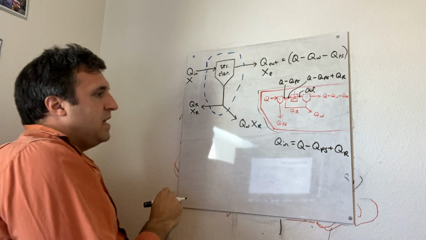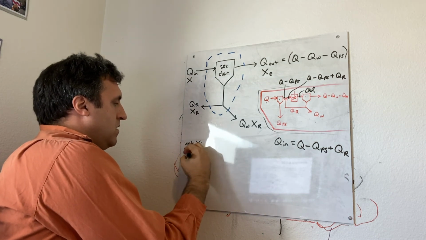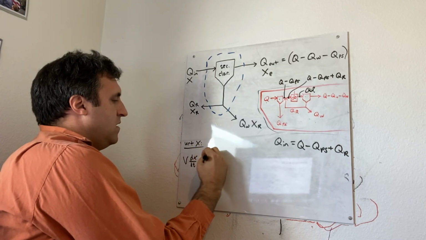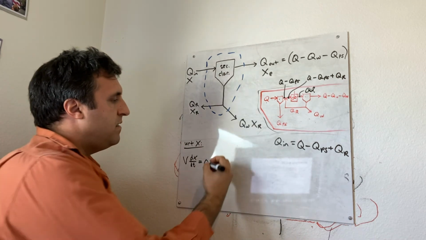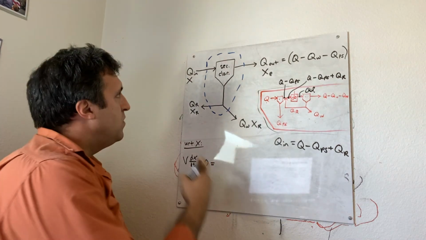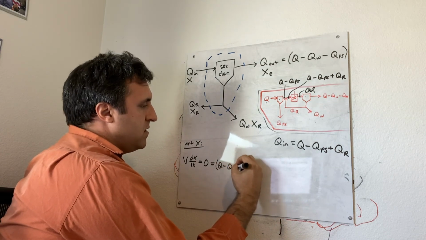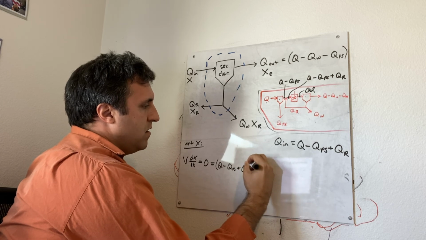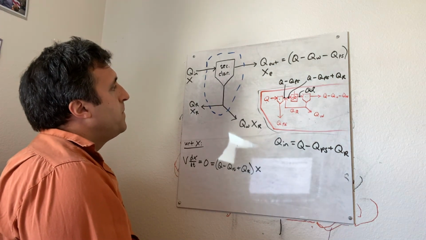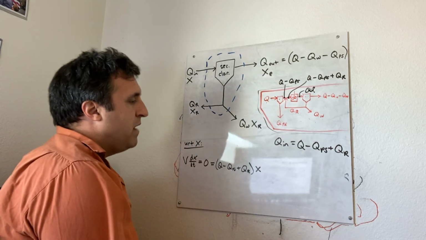So now we set up our mass balance the same way as we have in the past. So we're doing this with respect to X, V dX over dt is equal to 0 at steady state. And that's equal to what's coming in. So (Q minus QPS plus QR) multiplied by X. Nothing else coming into our boundary, but we have 3 points where we have a flow leaving the boundary.